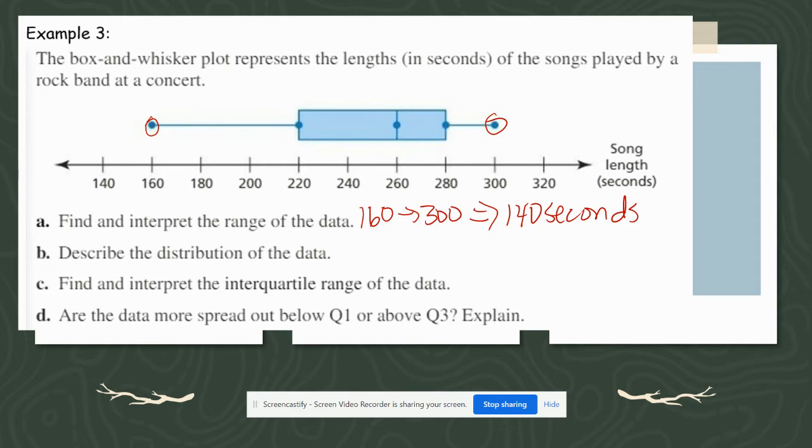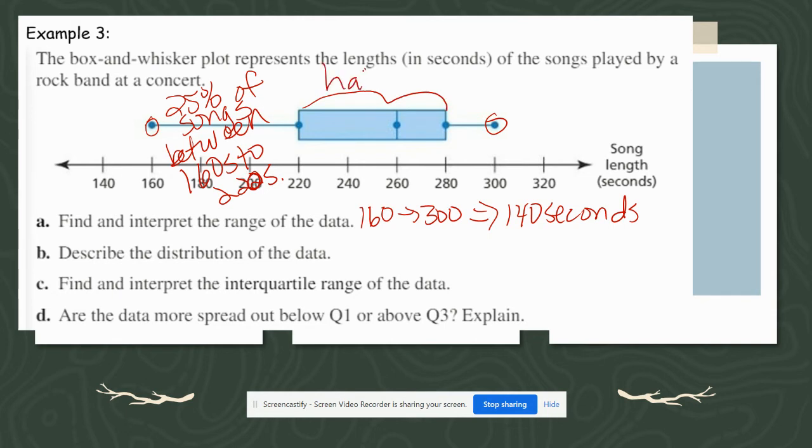The distribution of the data. Well, we have 25% of songs that they play range between 160 seconds to 220 seconds.